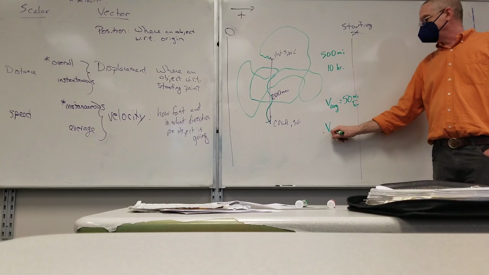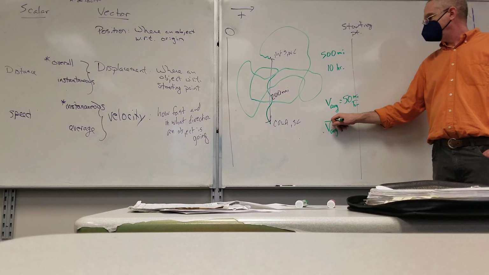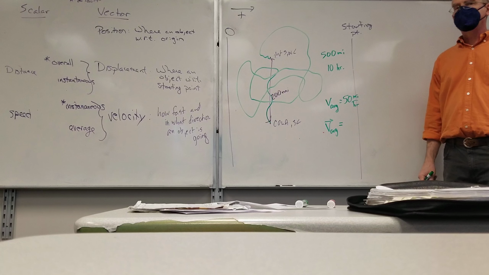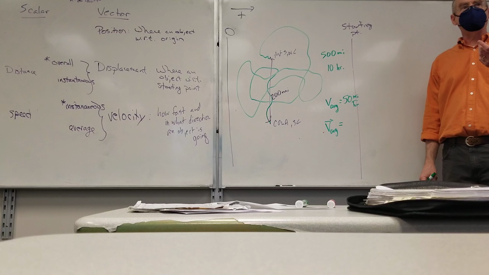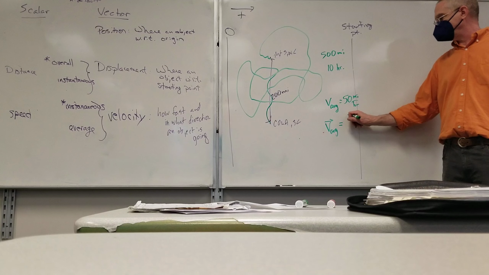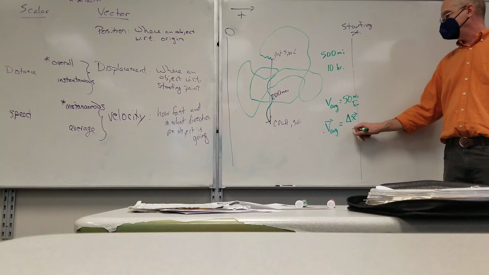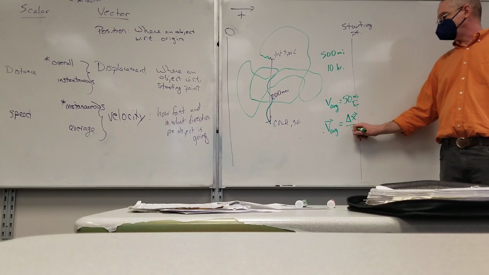What is my average velocity? Well, average velocity is overall displacement divided by time. So formula-wise, total displacement over time.